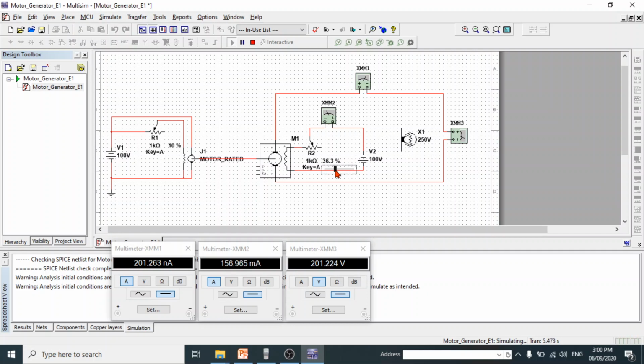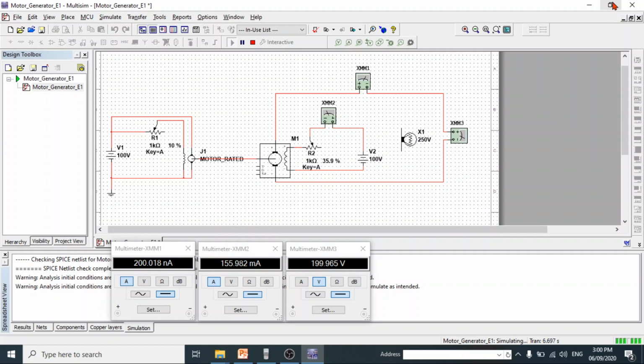Find a value until the voltage is approximately equal to 200 volts. So you have there 35.9%, then the output voltage is 199.965, or basically exactly 200 volts.